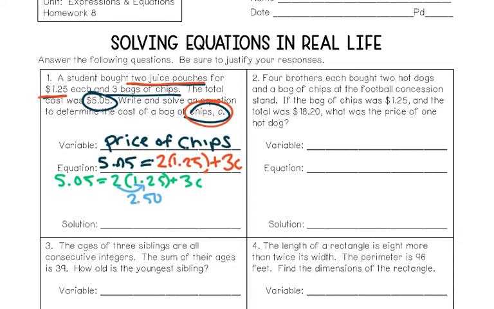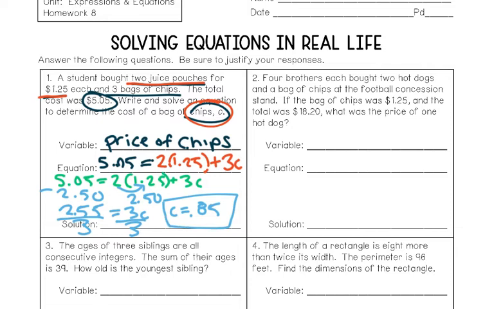And then we can go ahead and take 5.05 and take away the 2.50, which will leave us with 2.55 equals 3C. In order to get that C by itself, we're going to divide by 3, which leaves us with C equals 85 cents. And that is our answer.